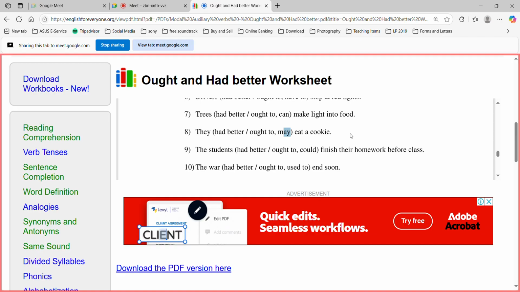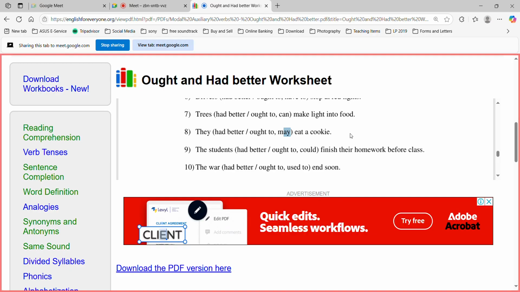They had better eat a cookie. What's the point here? They have to eat a cookie, they must eat a cookie. So this sentence didn't have any object or anything that shows that they have to eat a cookie. Ought to is the same, like had better. So I think number 8 is may. Okay, may is boleh, right?